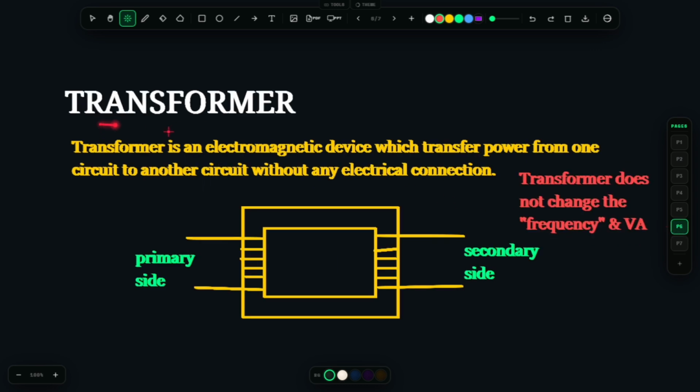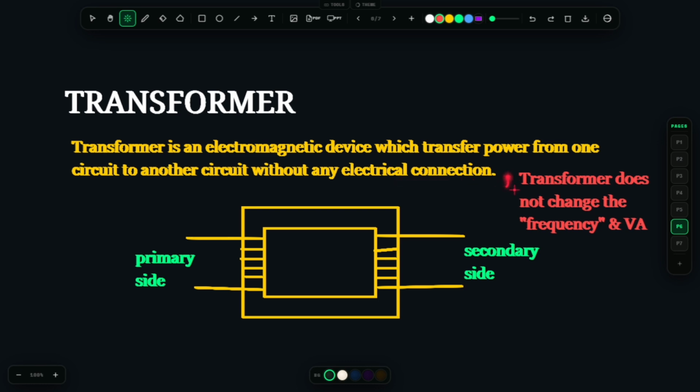So what is transformer? Previously we saw that the generator and motor convert energy, meaning one form of energy is converted into another form of energy, whereas transformer does not convert energy, it only transforms energy. So what is its definition? Its simple definition is that a transformer is an electromagnetic device which transfers power from one circuit to another circuit without any electrical connection.